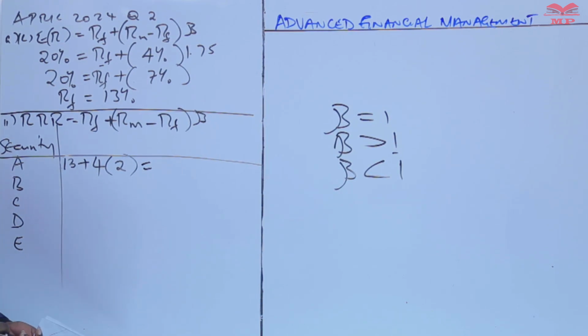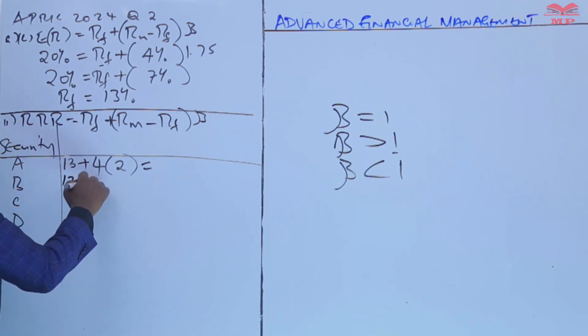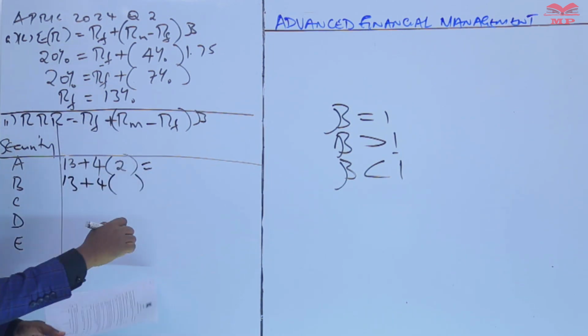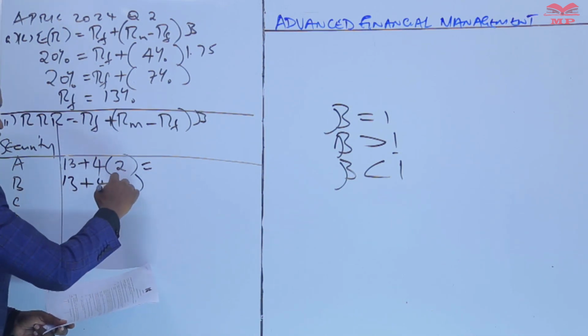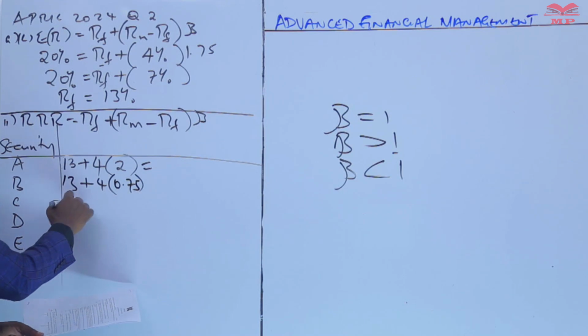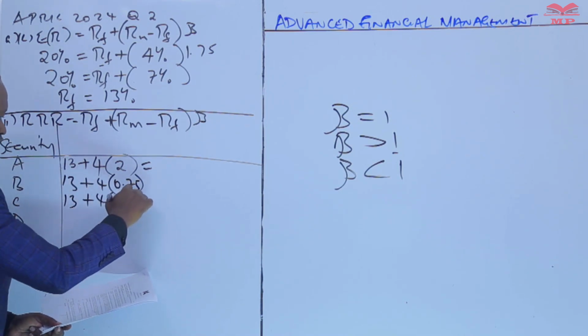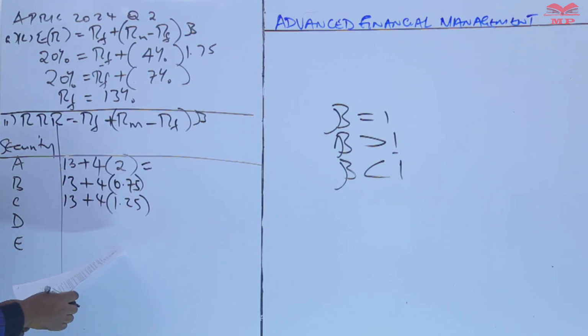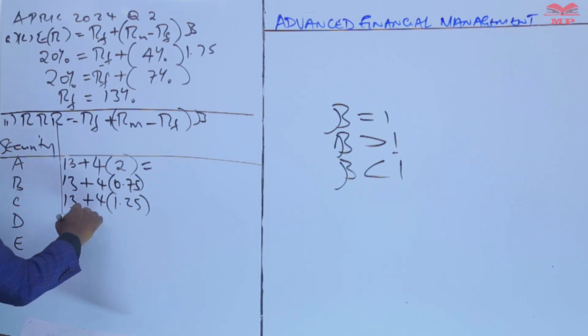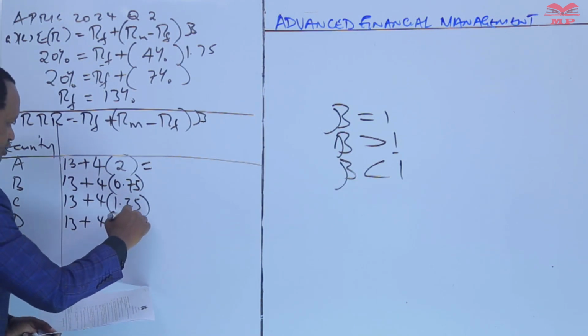How much is it? For B, it will be 13 plus 4 times the beta of 0.75. C, 13% plus 4. The beta there is 1.25. D, 13% plus 4, beta negative 0.25.